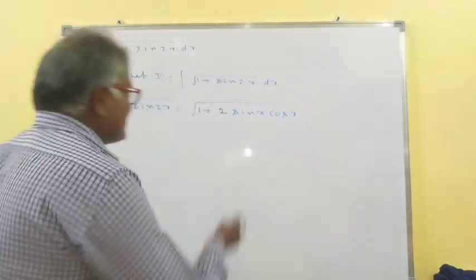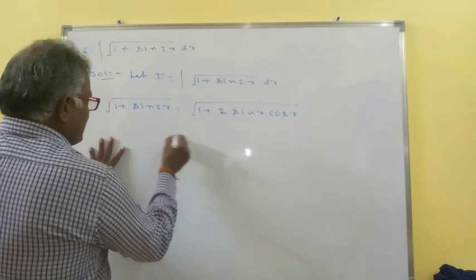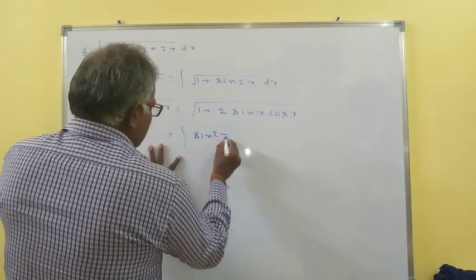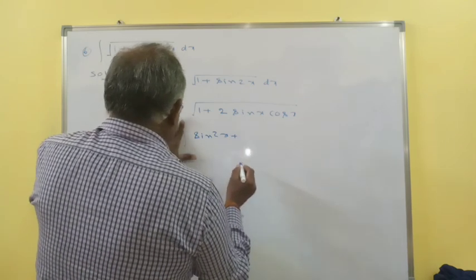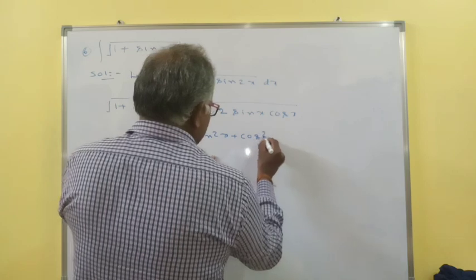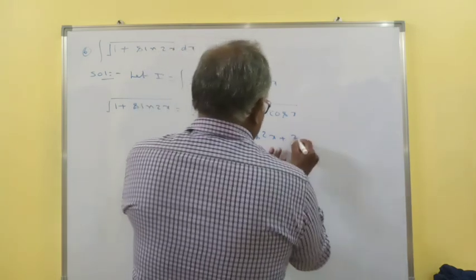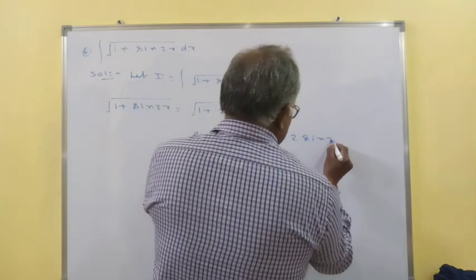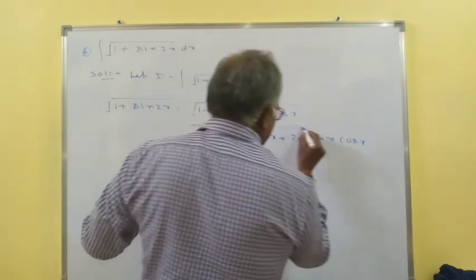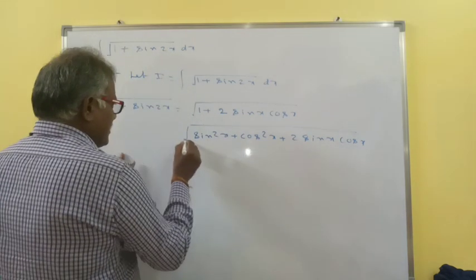So here clearly 2ab term is there, so you should write sin square x plus cos square x plus 2 sin x cos x. With the help of this one only I have to rewrite.